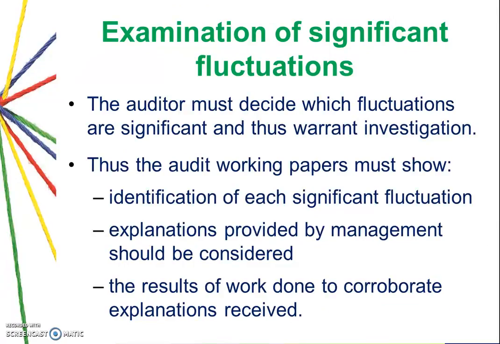And when there is a significant fluctuation from their expectation, they need to investigate, and that also indicates a high risk area where the auditor should perform more testing, more substantive tests, in the fieldwork area.